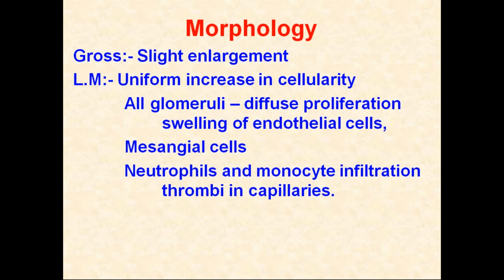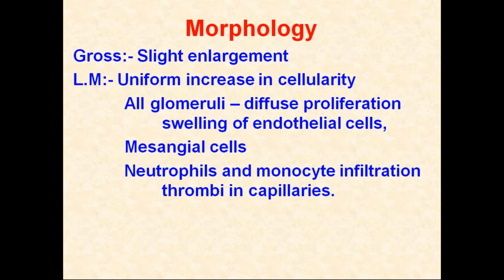On light microscopy, on routine histopathology, there is increase in cellularity of the glomeruli. And in the cellularity, what do you see? You have proliferation of mesangial cells, the supportive cells, and inflammatory infiltrate like neutrophils and monocytes, and glomerular capillary thrombi will be formed within the capillaries.